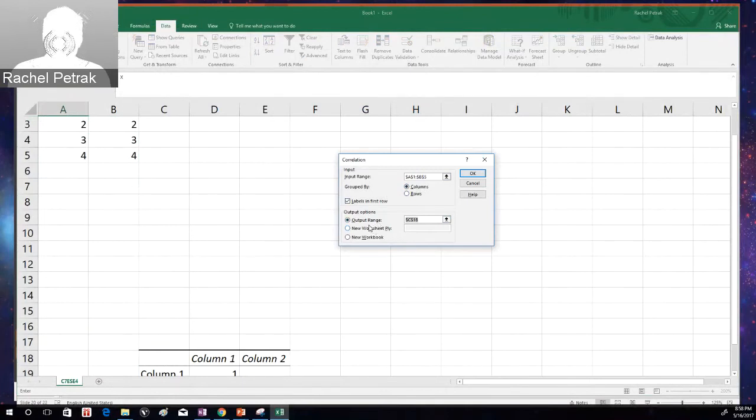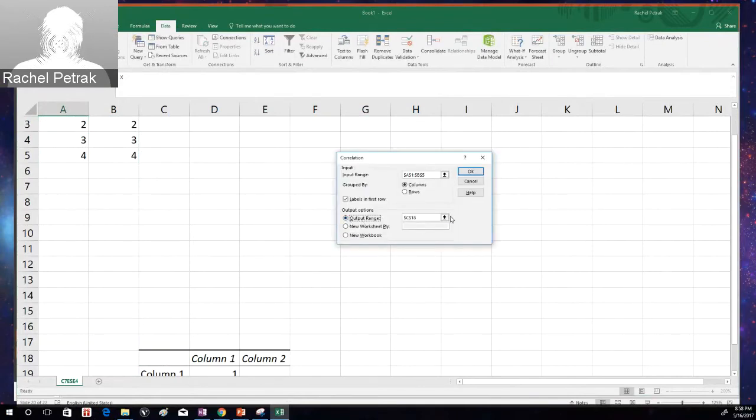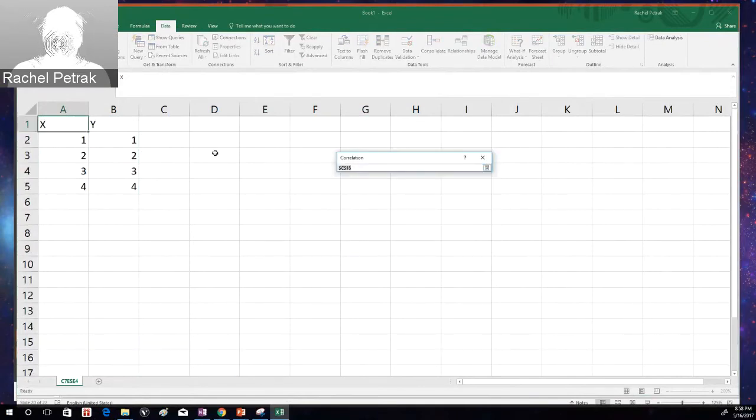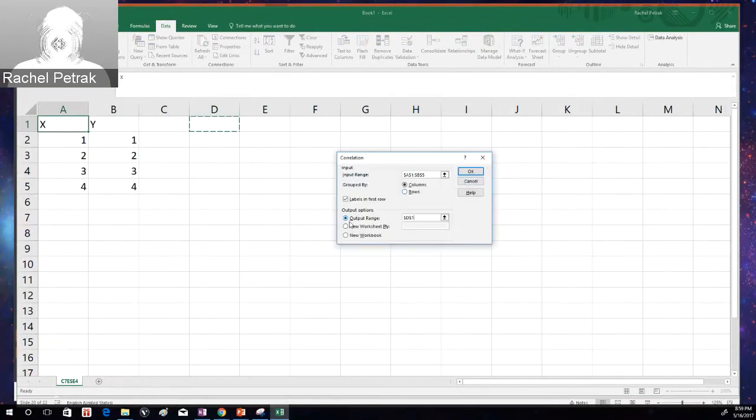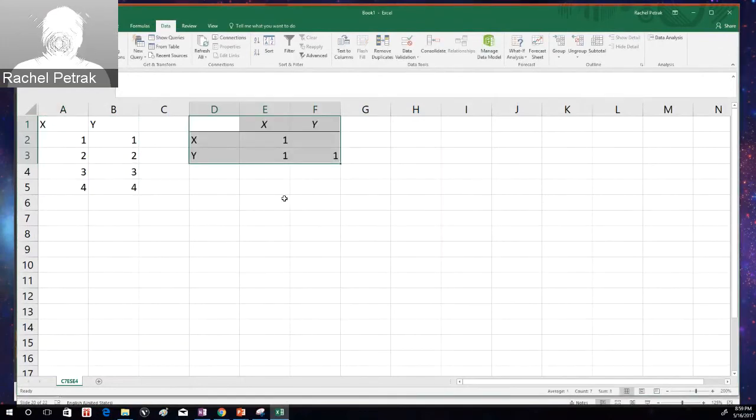And you can put them in a new worksheet or just in a specific spot on the same worksheet, which is what I usually do. So I'm going to say, let's put the output here in cell D1. And you just click on the cell, you go back in, Excel automatically enters it for you. When we click OK, poof, here Excel has given us a correlation matrix.